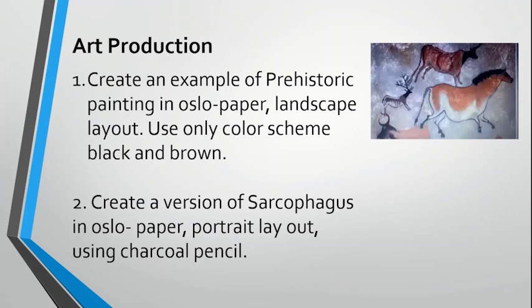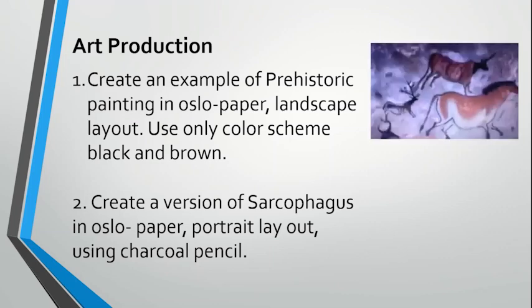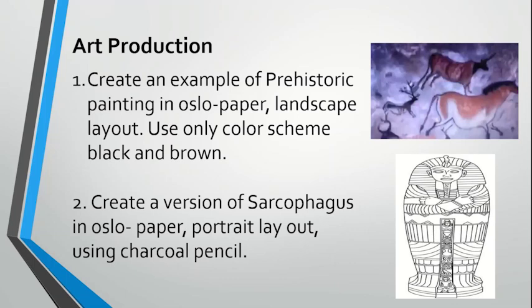For your art production, here are the things that you need to accomplish. 1. Create an example of prehistoric painting on Oslo paper, landscape layout, using only the color scheme black and brown. 2. Create a version of a sarcophagus on Oslo paper, portrait layout, using charcoal pencil.